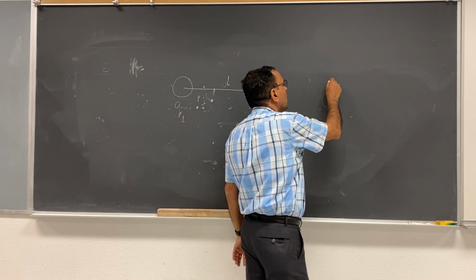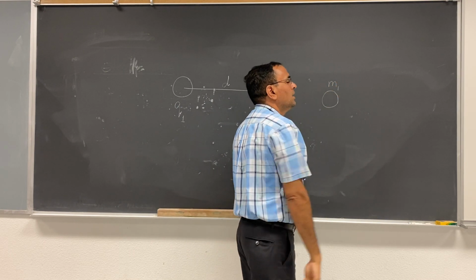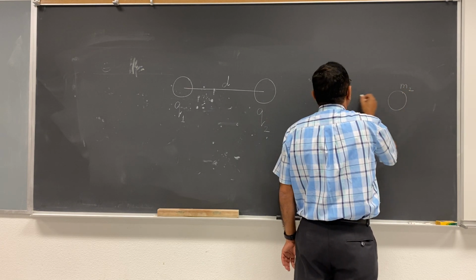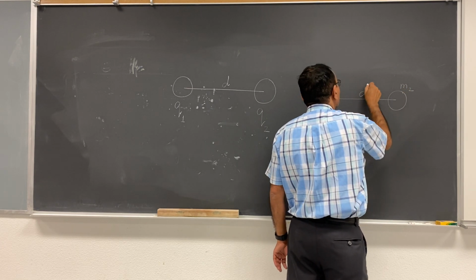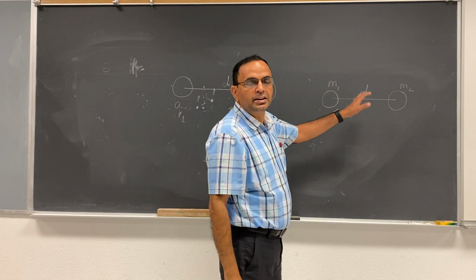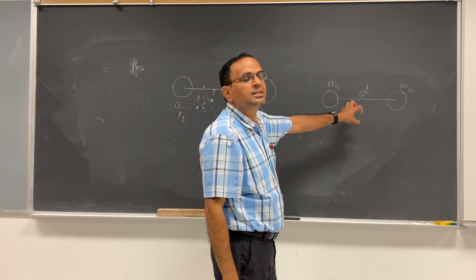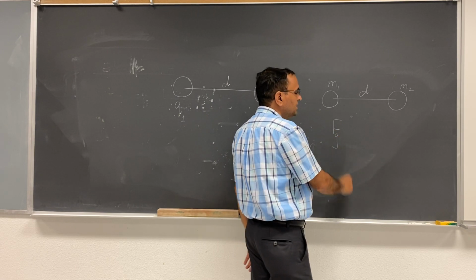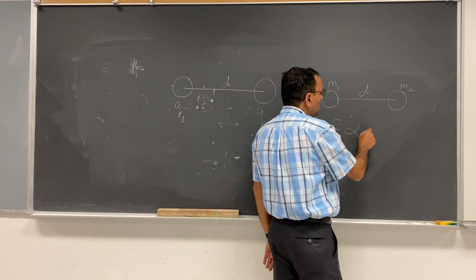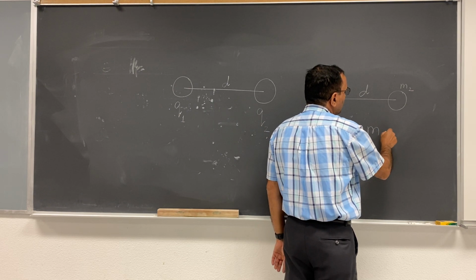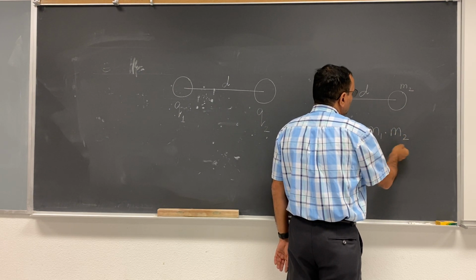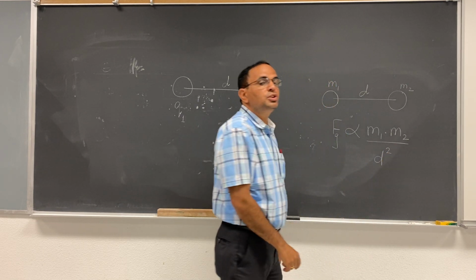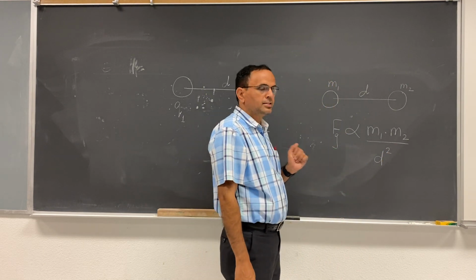Let us suppose you have one mass m1 and another mass m2, and they are at a distance d apart. There is an attractive force, called the gravitational force. The gravitational force F of g is directly proportional to the product of their masses m1 times m2 and inversely proportional to the square of the distance between them.